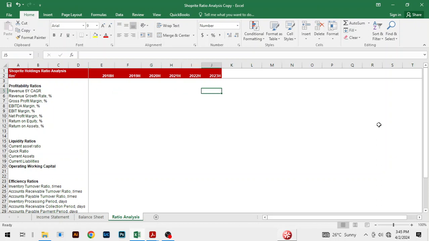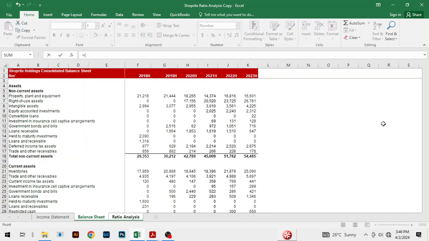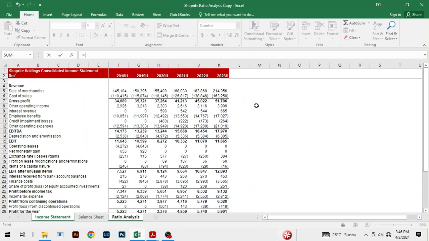So what we are going to do is press the equal sign to initiate the formula, and then open a bracket, and on my keyboard I'm going to hold down Control and press Page Down to get to the income statement. Here I'll select the revenue figure, that's sale of merchandise revenue figure for 2023, and I'll divide it by the revenue figure for 2018, and then I'll close the bracket, and to the power 1/6, minus 1.